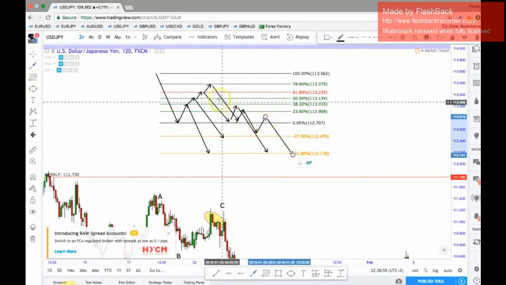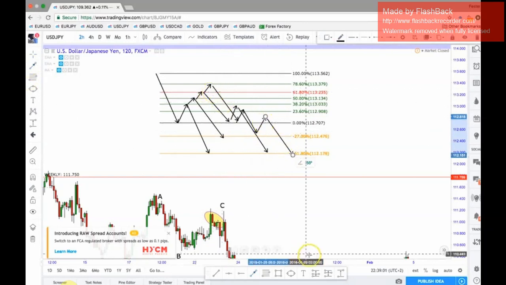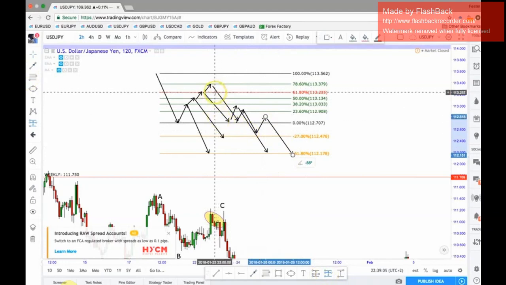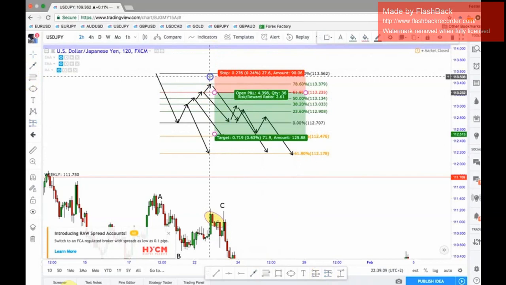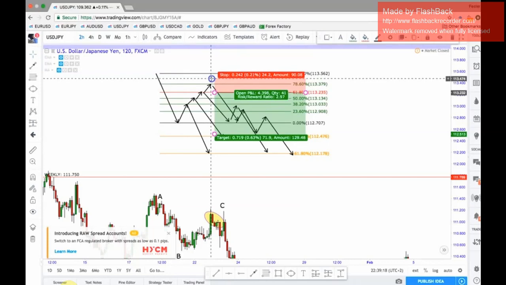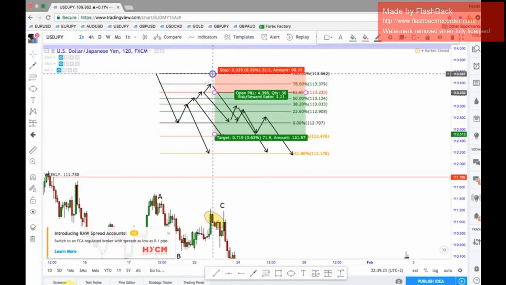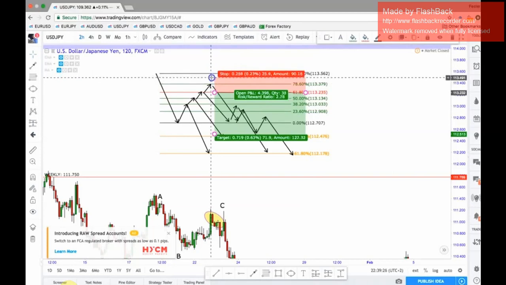Now, why I like to trade the 61.8 is because when you take out your short position tool and you're grabbing an entry at the 61.8, and you guys know the rule of Fibonacci and where your stop loss needs to be. So your stop loss level needs to always be 30 pips above the 78.6 area. If you're looking at 78.6, you'll see it's showing 113.379.